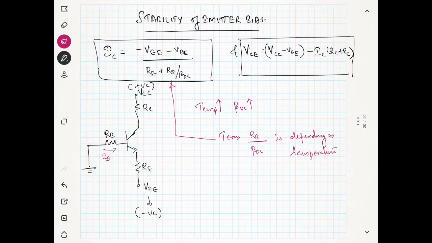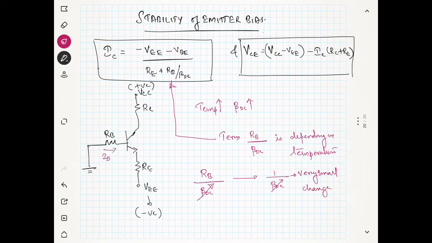But the effect of this beta is very small. Why? Because the term contains 1 over beta, so as beta changes, 1 over beta will be a very small change.